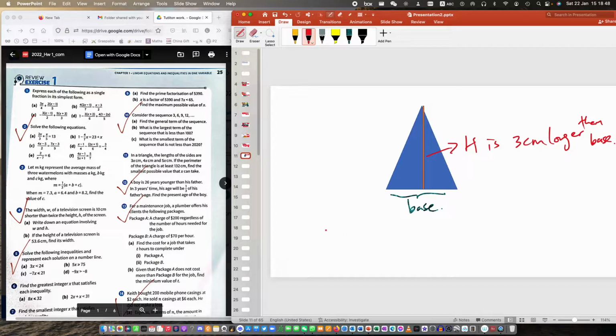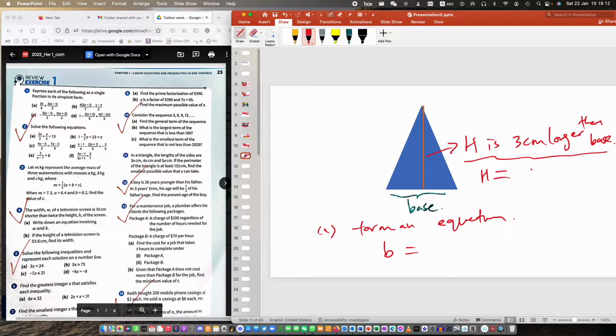So can you, question A, can you form an equation? Base is b. H is 3 cm longer than the base. Can you change this statement into mathematics? So h is equal.